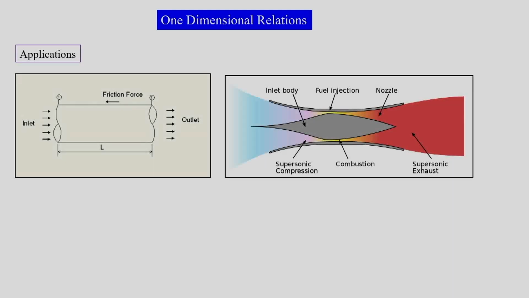Then in some engines we have flow through the engine where we have compressed gas or air in the combustion chamber, where heat addition takes place. Here the variation of the area around the fuel injection is not dominant, and further there is a chemical reaction taking place, which leads to heat addition to the compressible flow.